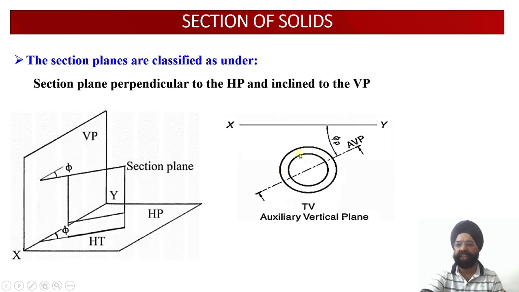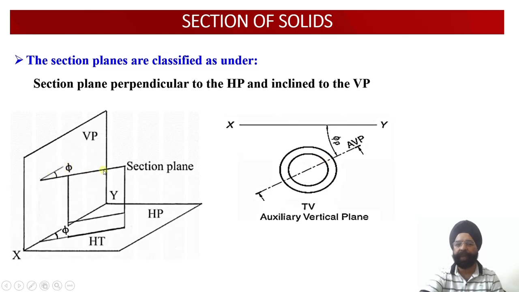Whatever projections of this remaining cut portion of the solid are available will be drawn onto the vertical plane in the front view, so we will not get the true shape of this cut section in the front view. Whatever sectioned view is available in the front view will be the apparent shape of the cut solid.